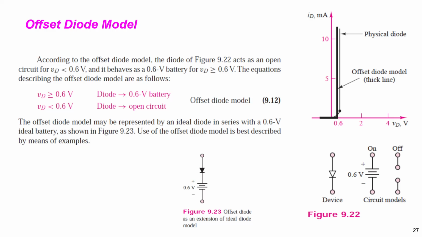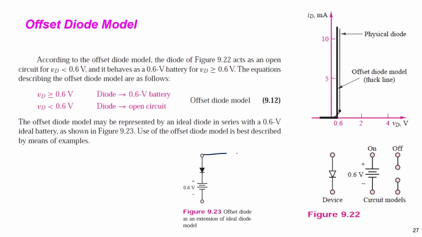Okay, now let's talk about the offset diode model. For the offset diode model, the diode will have some small voltage across itself. It's about 0.6 volt. So we can use this model, the diode with a voltage source in reverse bias.